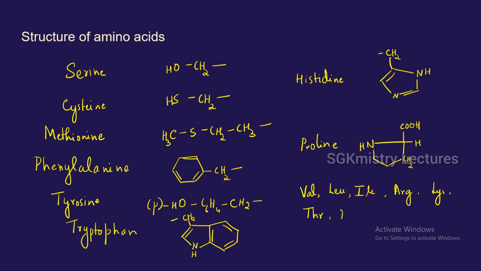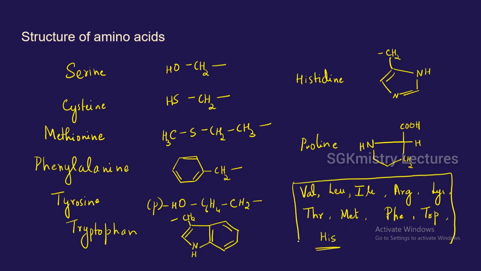Then we have methionine. Then we have phenylalanine, tryptophan, and histidine. So 10 of them are essential, all of these are essential amino acids that have to be included in our diet. Whereas the remaining 10, whatever I have written, the remaining ones are the non-essential amino acids.